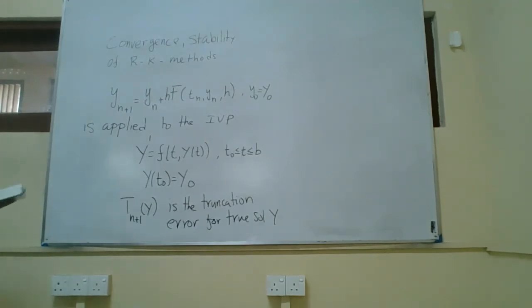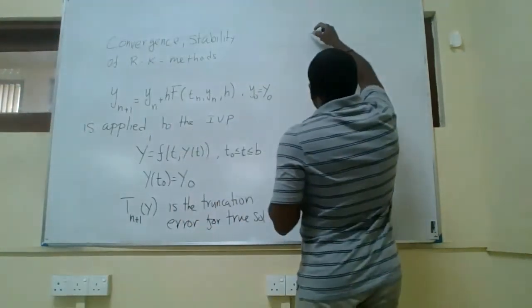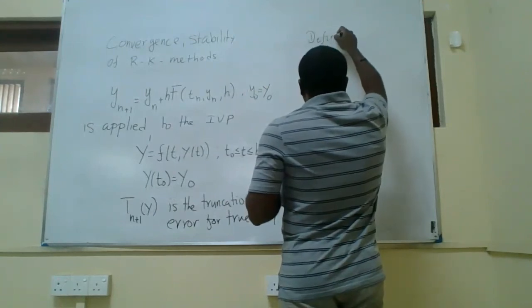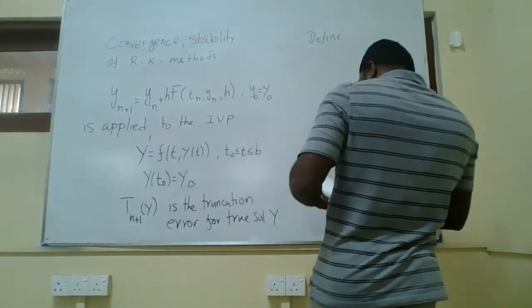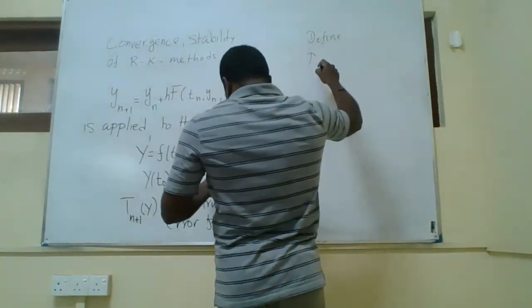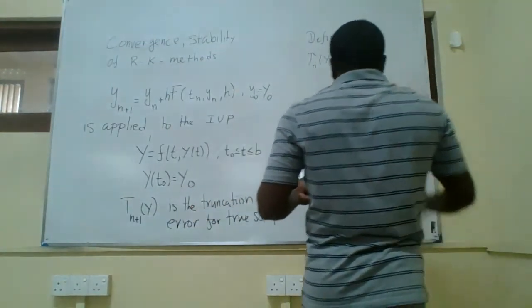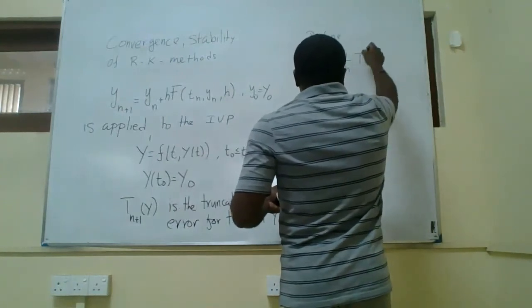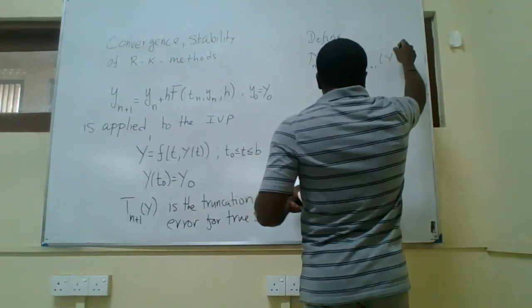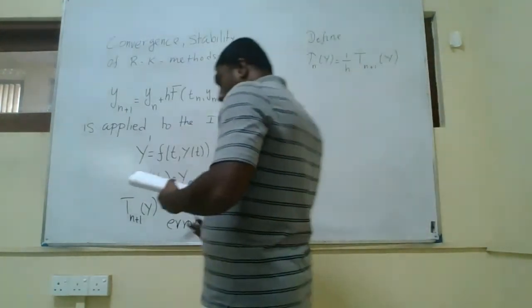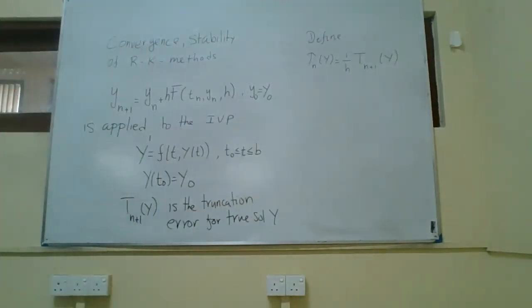So now let us define a function tau, sorry, tau_n of Y, which is 1 upon h times the truncation error for the true solution capital Y.